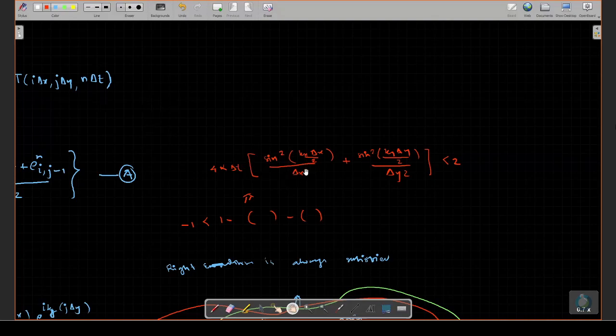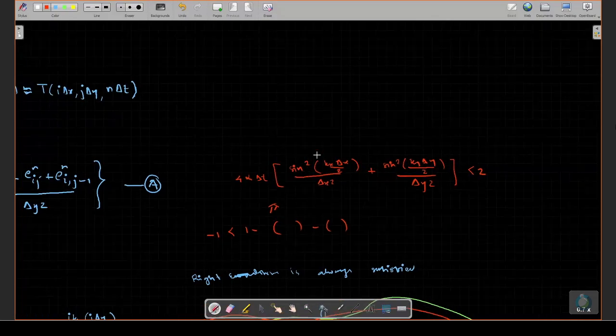Let me write this particular term and this particular term. These terms have conditions. They have to vary from 0 to less than or equal to 1 over delta x square for the term sine square kx delta x by 2 over delta x square.